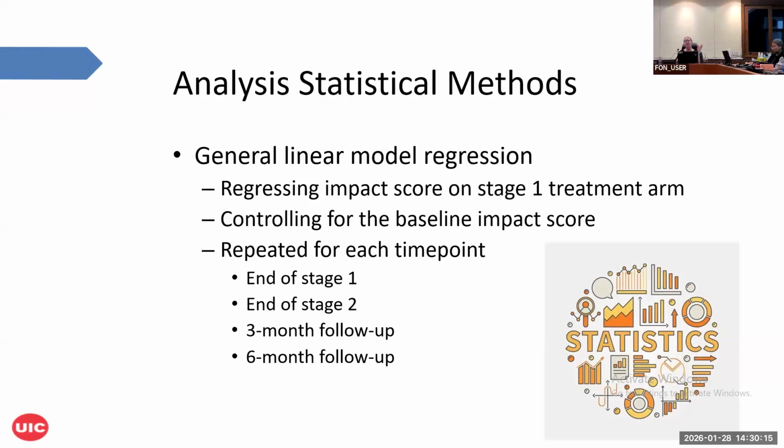And then we control for the baseline impact score because that could be all over the place. So we want to control for that. And then it's a repeated measures, so repeated for each time point: end of stage one, end of stage two, 3-month follow-up, and 6-month follow-up. So that's what we did.